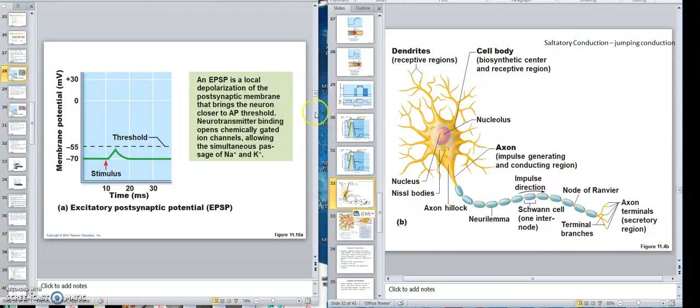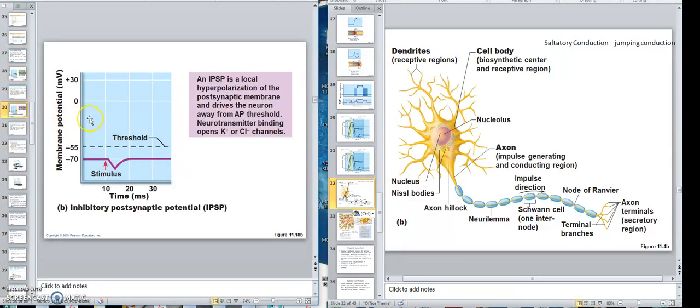Okay, now first let's go back. So an EPSP tries to make you reach threshold. Let's go to the next one. An IPSP is a vote to make you go further from threshold. So the chemical neurotransmitter, whatever it is, will open either potassium channels, and potassium would then rush out, making the inside more negative, or chloride.